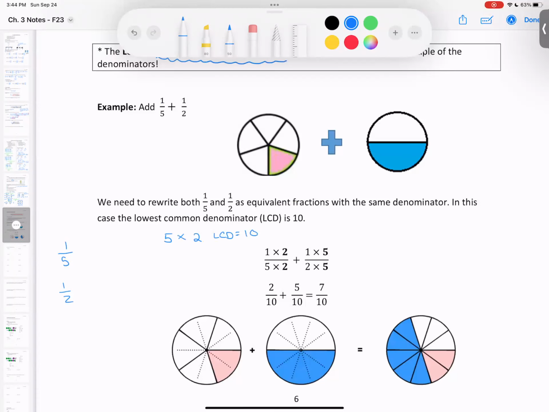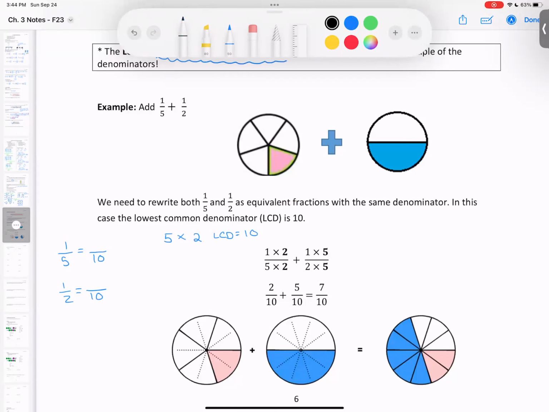So here, the least common denominator is 10. That means we're going to find equivalent fractions that represent the same amount of stuff over that LCD.